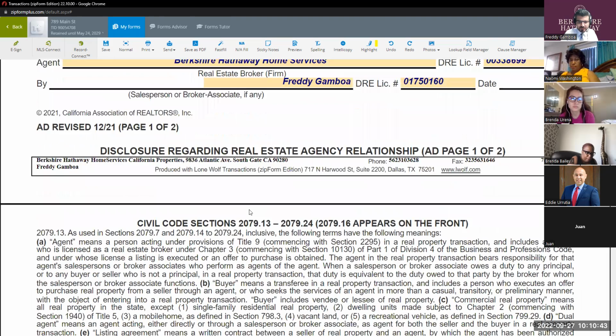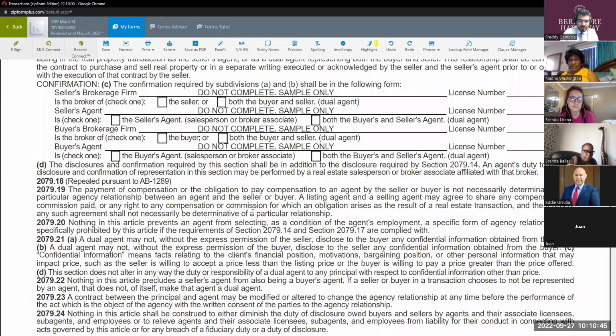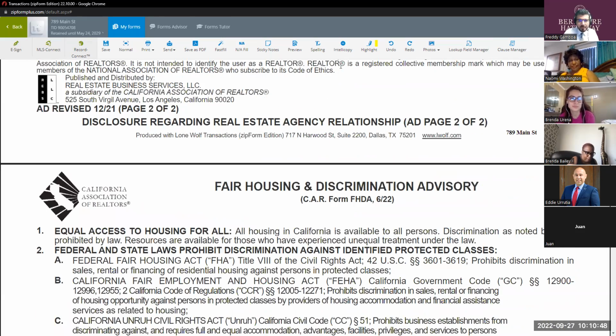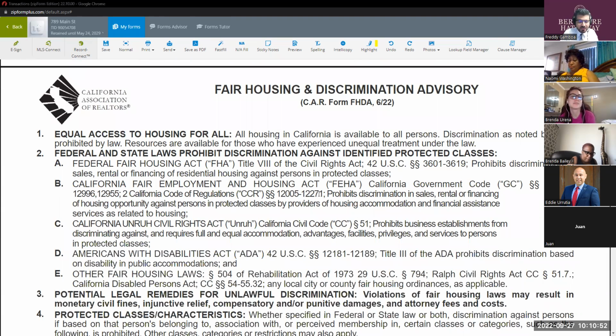Let's move on to the next one. We skip page 2 and continue with the Fair Housing and Discrimination Advisory. Keep in mind that we cannot discriminate based on color, sex, origin, religion, and so on. If you have a seller who says, I want nothing but Asian people in this community to come to my house, please walk away, thank you very much, and let me know immediately.